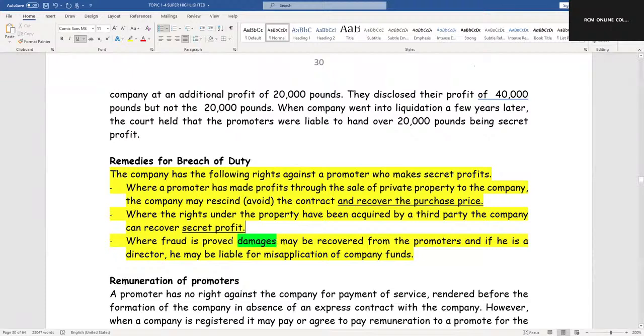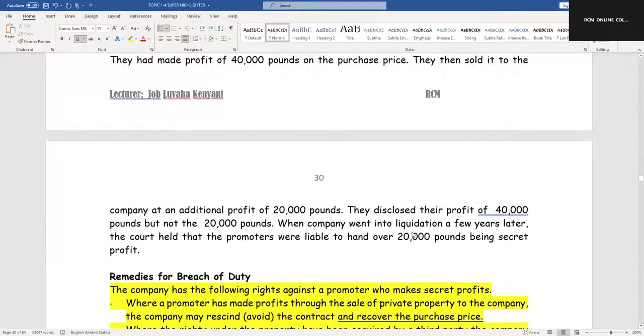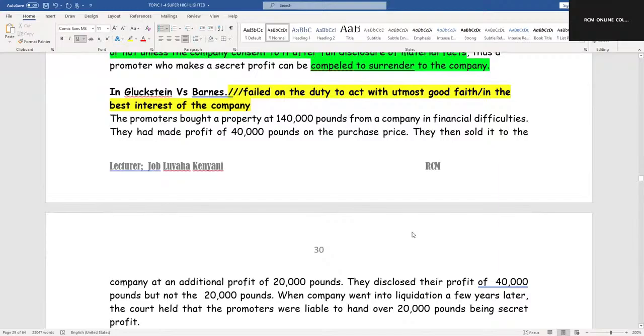So where fraud is proved, damages may be recovered from the promoter, and if he is a director, he may be liable for having misapplied the funds of the company. For example, if the promoter breaches the duty of utmost good faith, or of acting in the best interest of the company, those are the remedies that would arise.